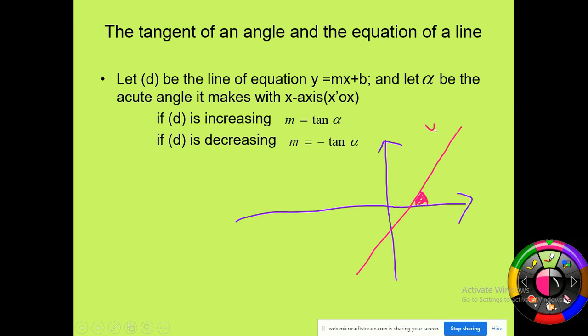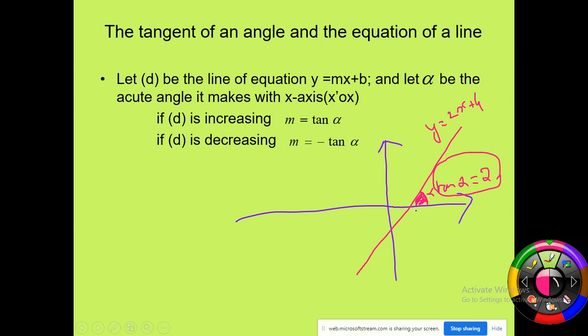For example, if this line is y equals 2x plus 4, then the tangent of this angle, which I can name alpha, is equal to 2, the slope. How I can find the angle using the calculator, I'll show you later when we are doing the online session.